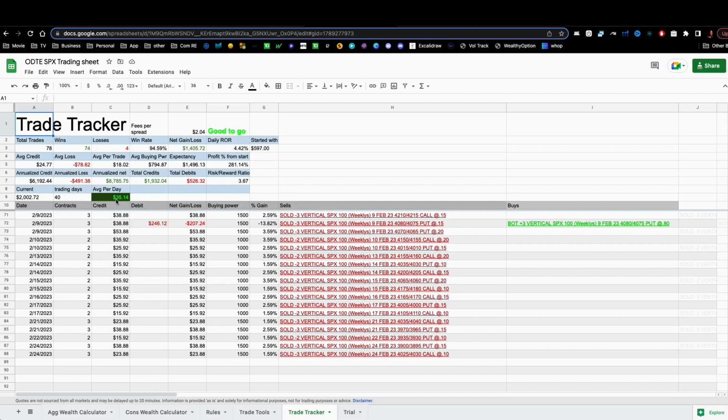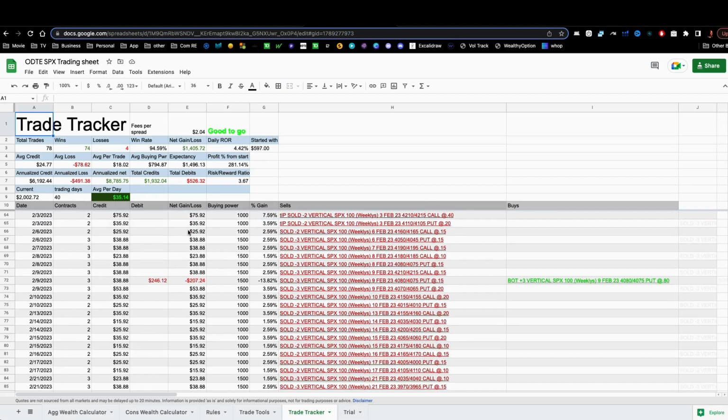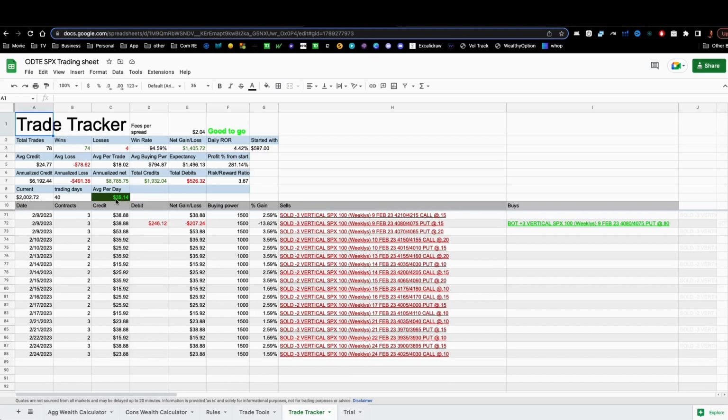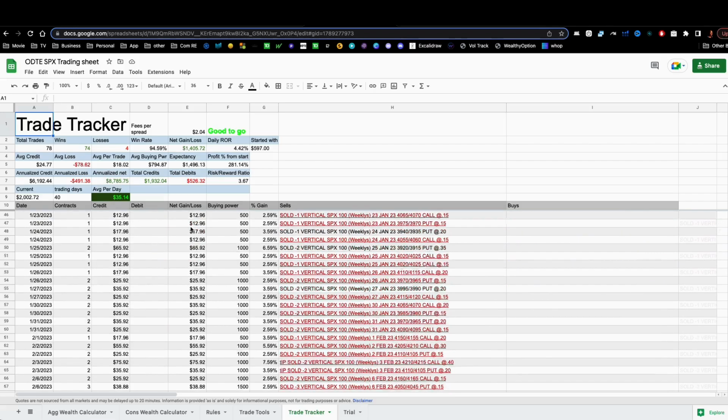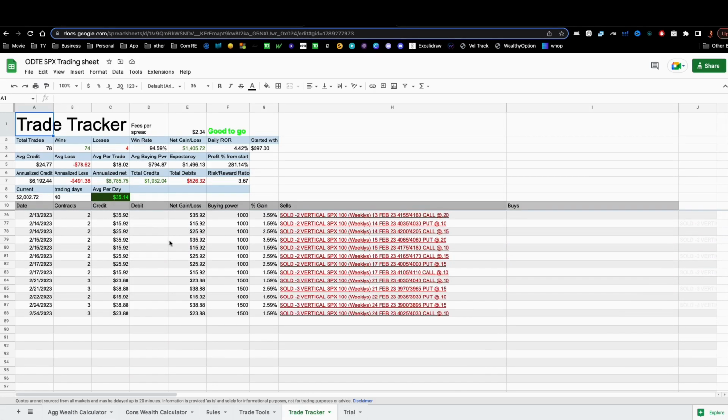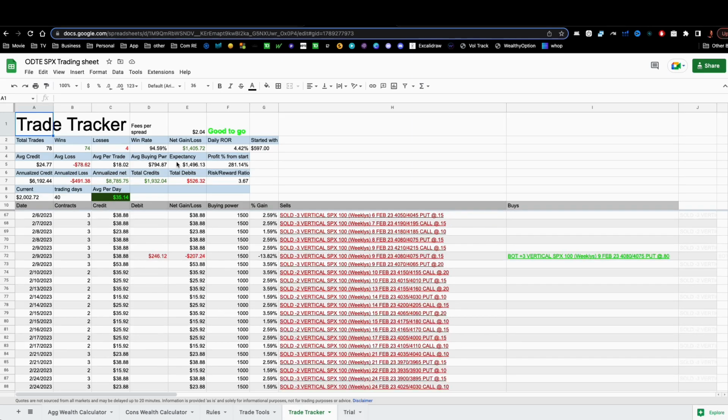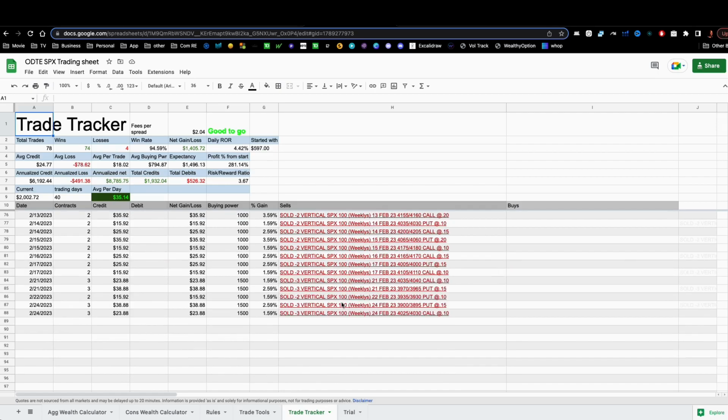We're averaging about $35 a day right now, actually more than that now, but this is inclusive of all the trades, even the smaller ones and the losses and everything like that. So we're doing pretty good. Our profit expectancy is up. We're at 281% profit over 40 days. So pretty strong start here, and we are definitely poised to continue.